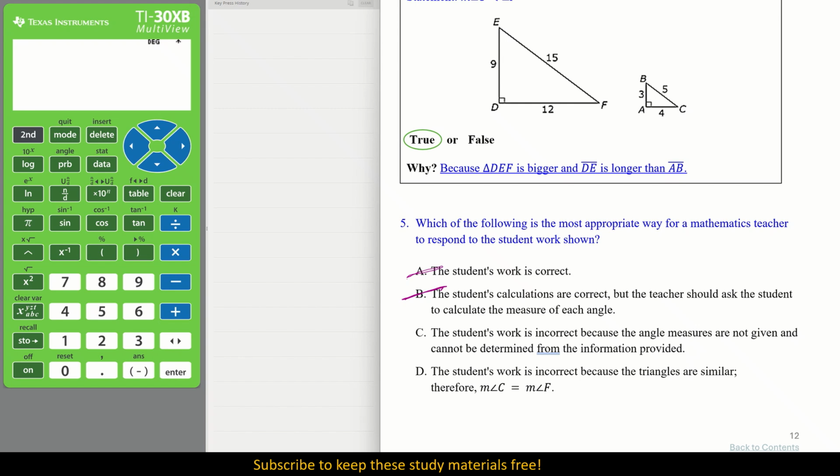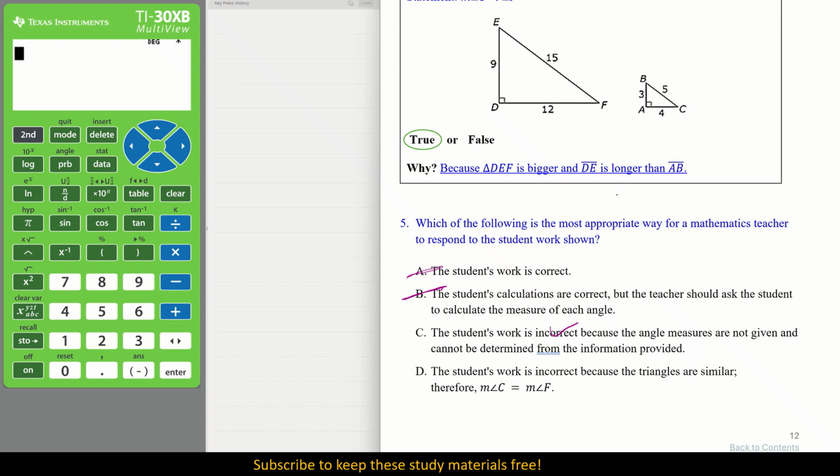The student's work is incorrect because the angle measures are not given and cannot be determined from the information provided. I mean, it's not exactly wrong in the sense that, yes, the student is incorrect.